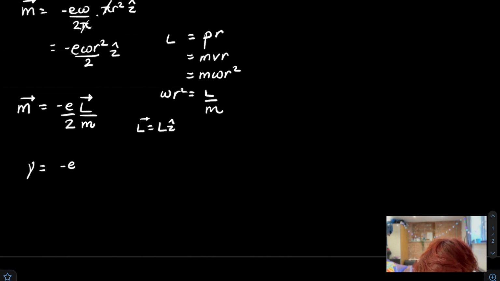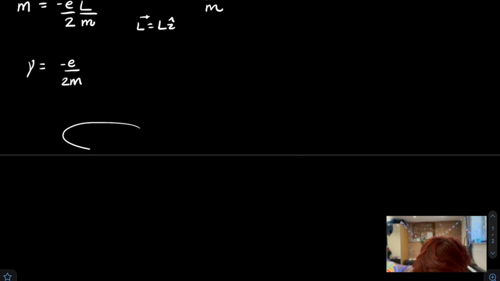And this is equal to, in this case, minus e divided by 2m. So you often hear the relationship between the magnetic dipole moment and the angular momentum just written as the gyromagnetic ratio.